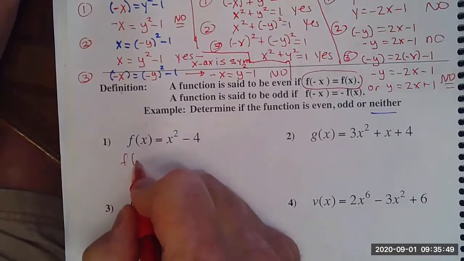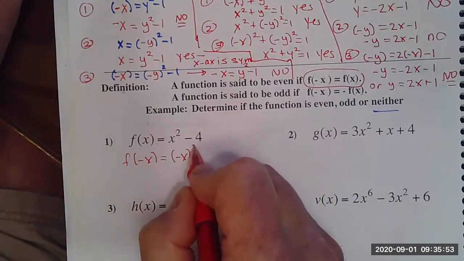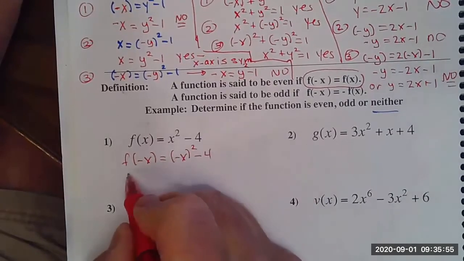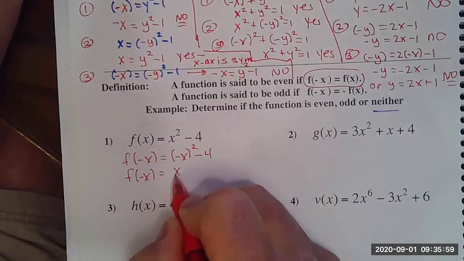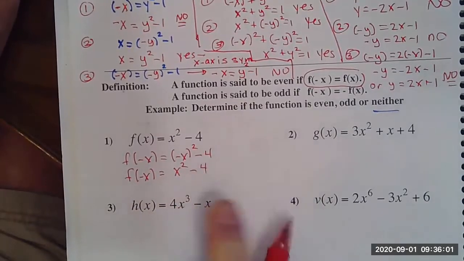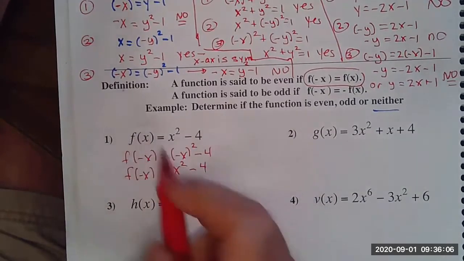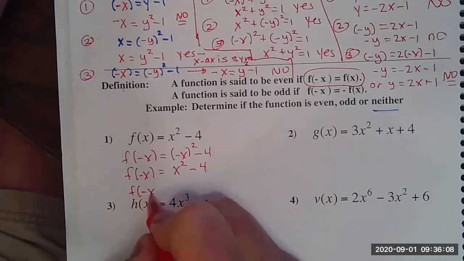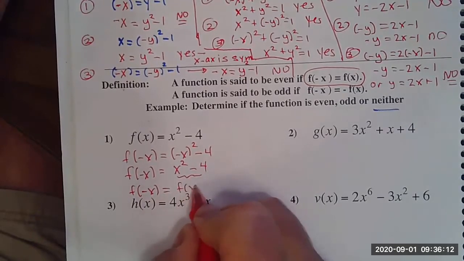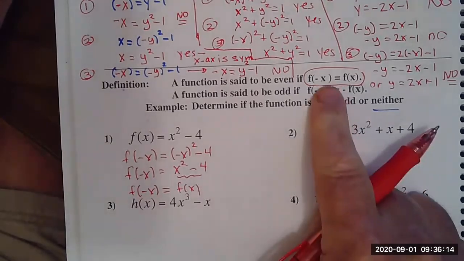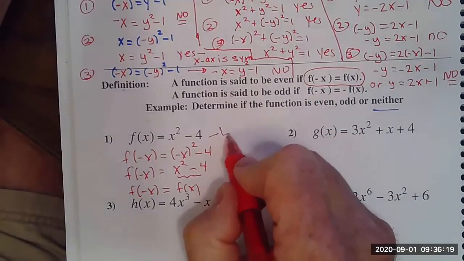So if I went f of negative x, and the right-hand side is in fact f of x. So this statement right here is in fact f of x, the original. That satisfies the conclusion right here. So this one is even.